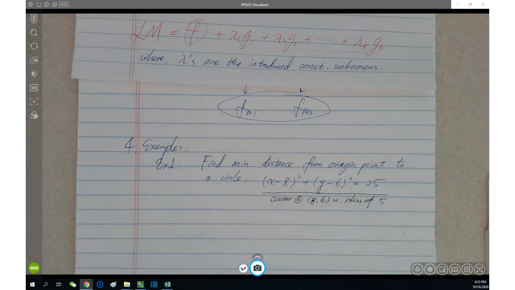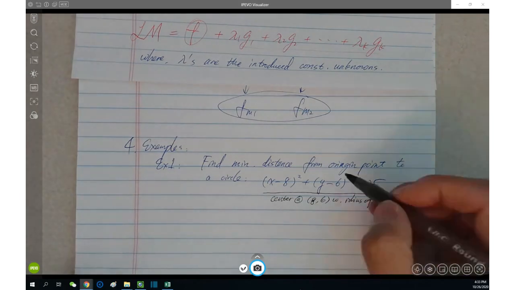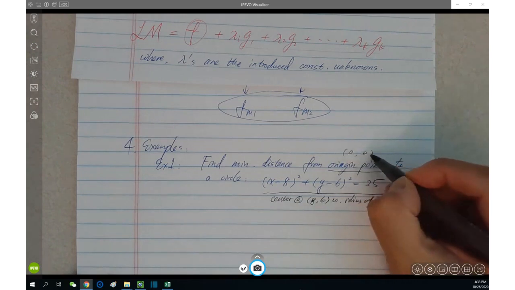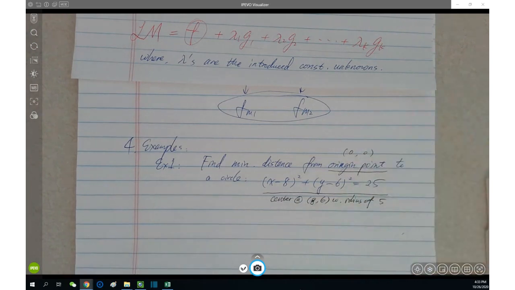Actually, not just the point, but also the distance between that point and the origin point. By the way, what does it mean by origin point? Coordinates 0 and 0, the origin point. From this point to this circle, the minimum distance.